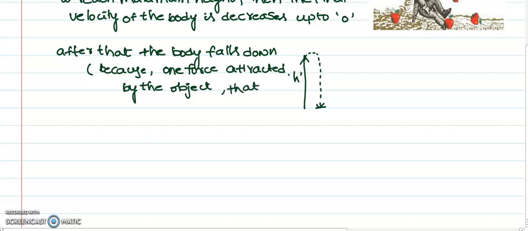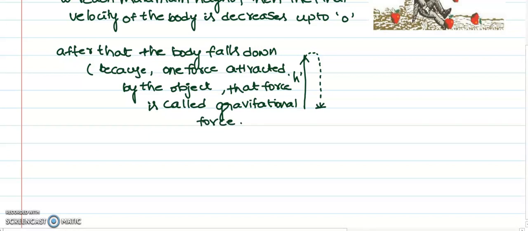That force is called gravitational force.